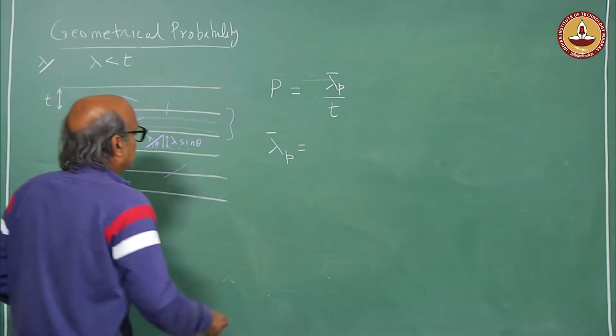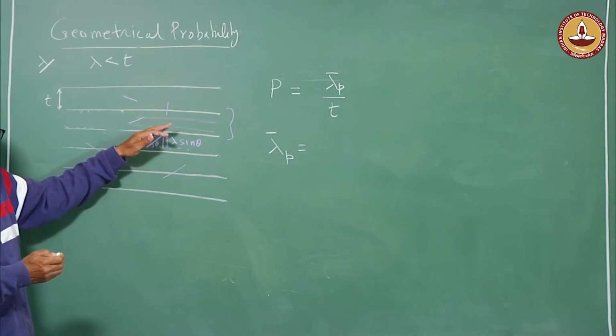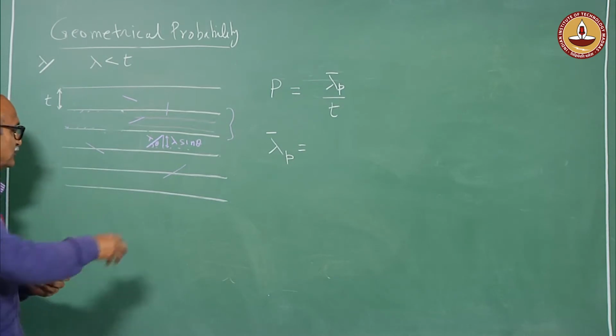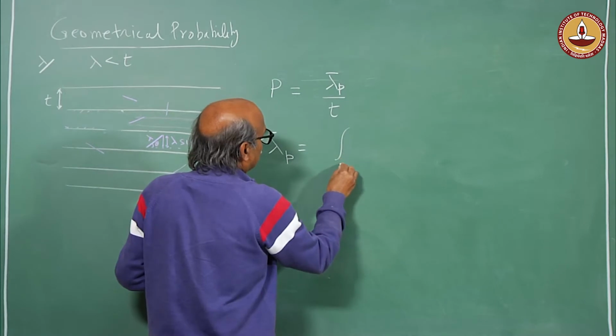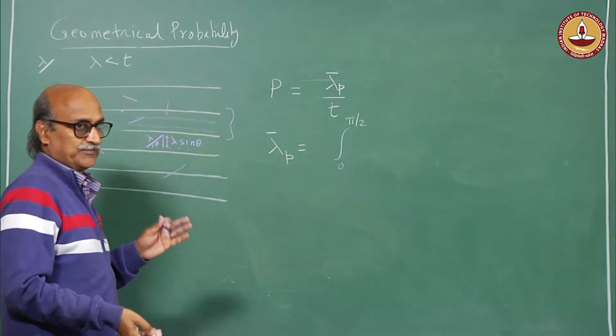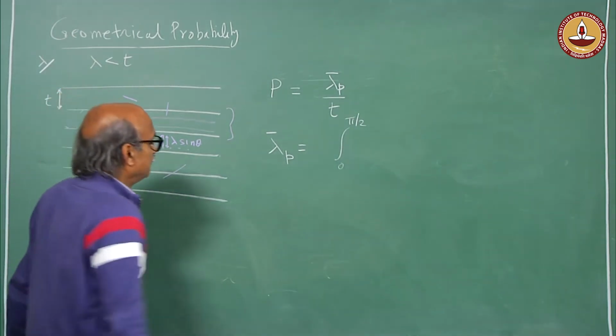Well, all I have to do is integrate it over a certain angular interval. In this case, looking at the symmetry of the problem, I just need to integrate it from 0 to pi by 2. Then the other orientations are identical.